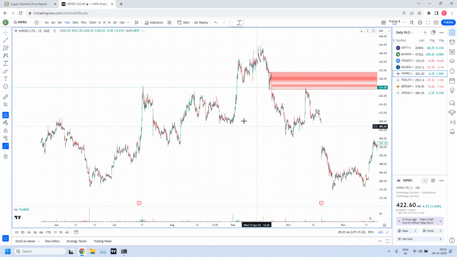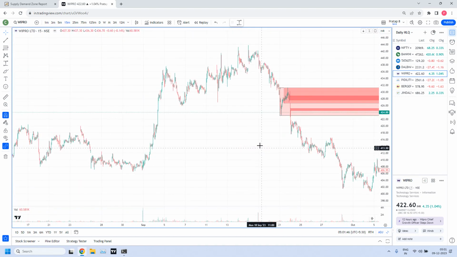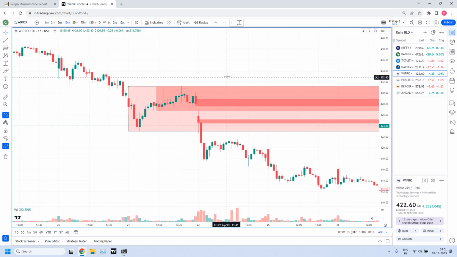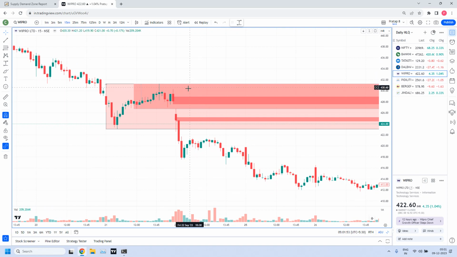Now look inside the 75 minutes. Here we have one ERC candle and five base candles. We have a 15-minute zone here.